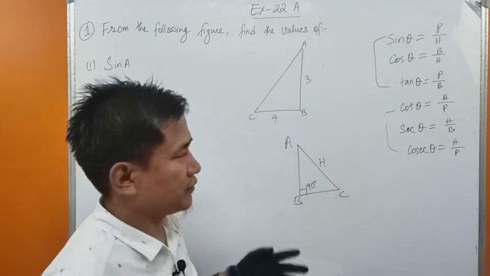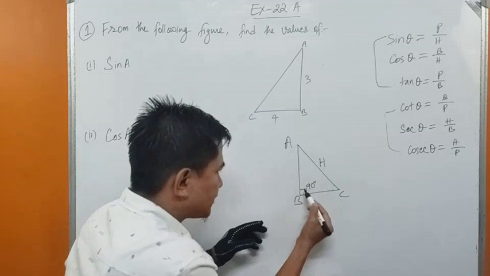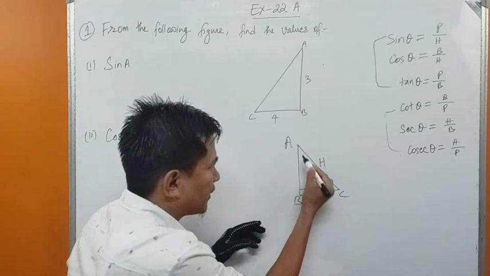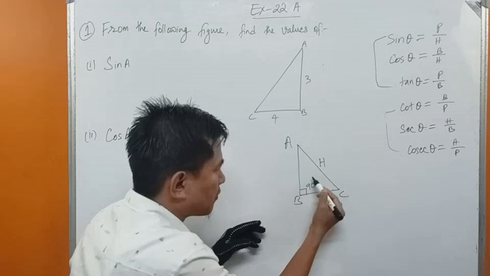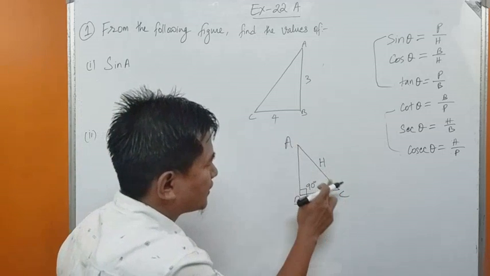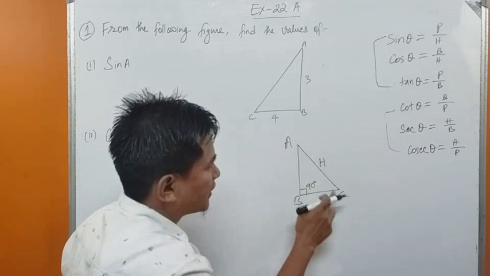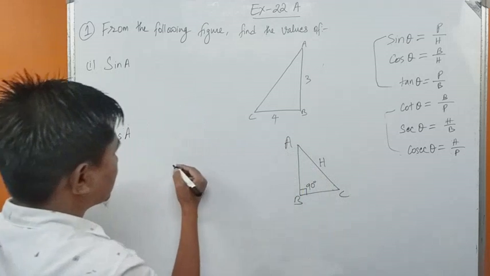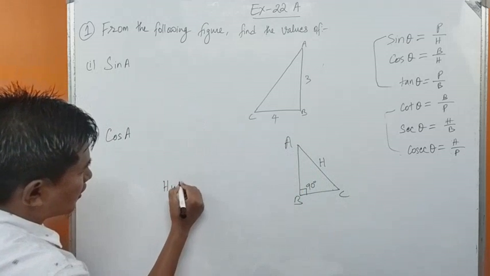How do we know this? Is because AC is just to the opposite of angle B. Okay, side AC is just to the opposite of angle B. First reason. And the second reason is AC is the longest side of this triangle, isn't it? Longest side is the hypotenuse.